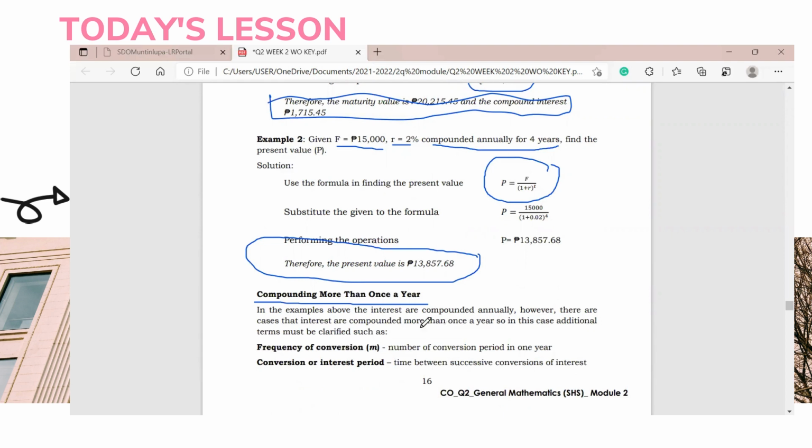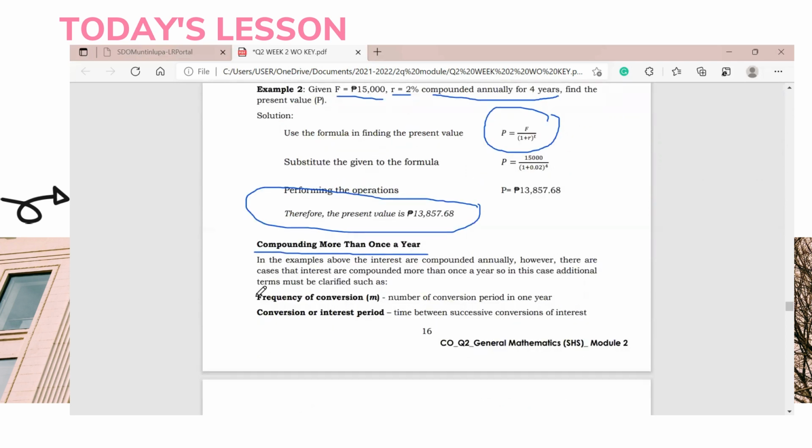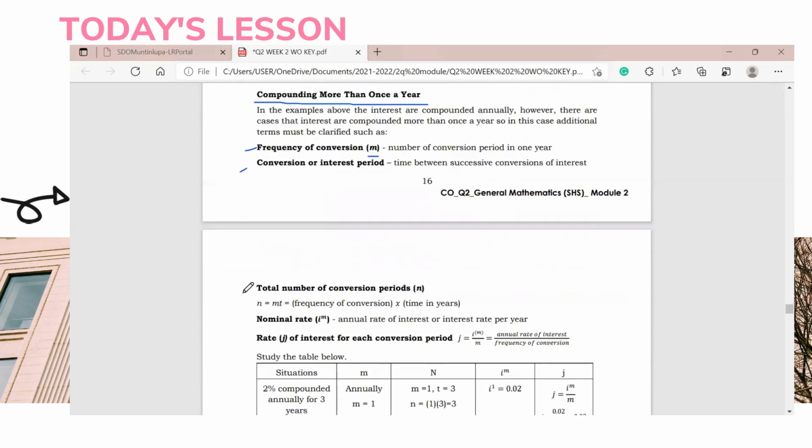So in this case, additional terms must be clarified, such as the frequency of conversion, yung M yun. We have the conversion or interest period, time between successive conversions of interest. We also have the total number of conversion periods represented by N. So N is equal to MT. Ang M ay frequency of conversion, tapos yung T, syempre, time in years.